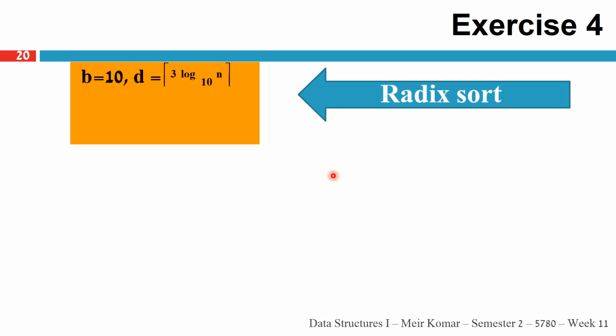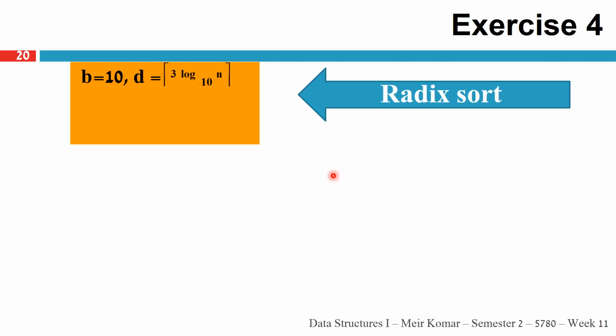Basically, we have ones, tens, hundreds, thousands. That's how it works in base 10. Each digit is for the ones, the tens, the hundreds, the thousands.